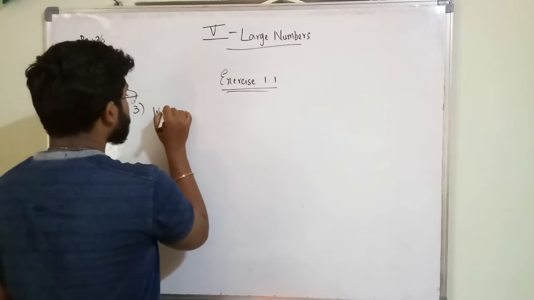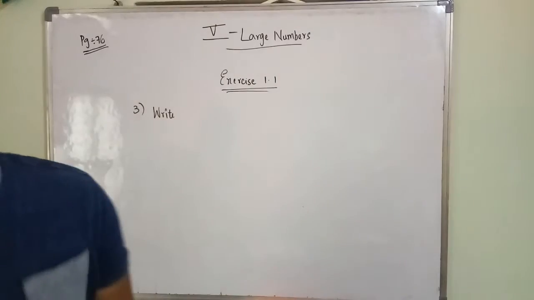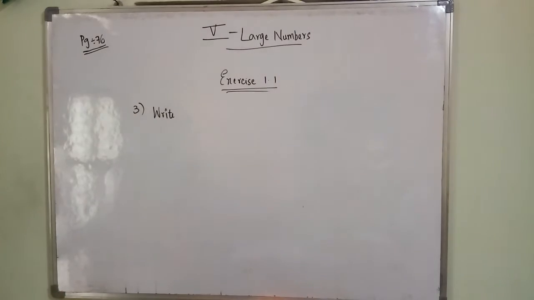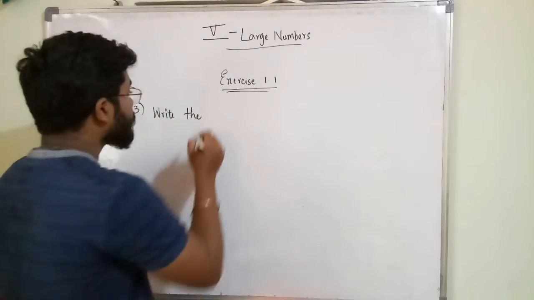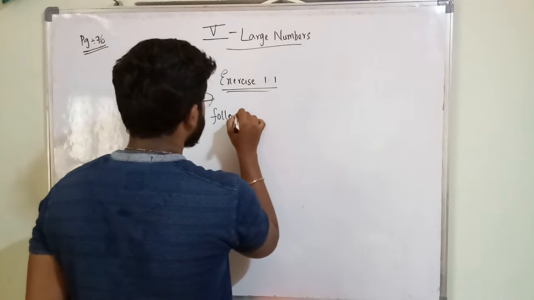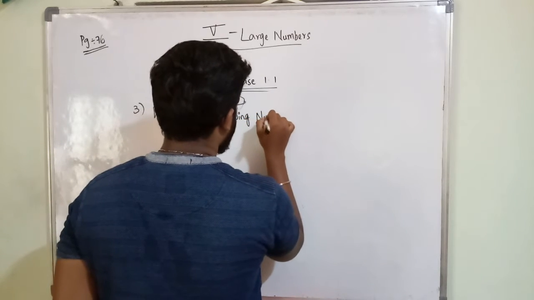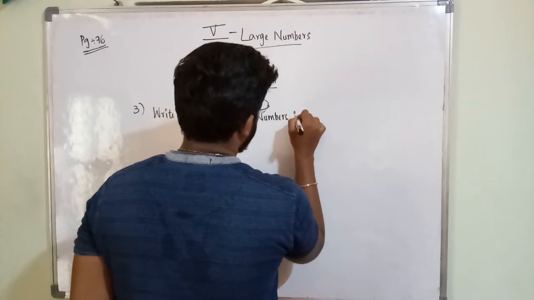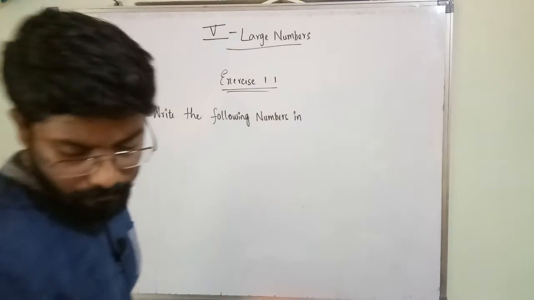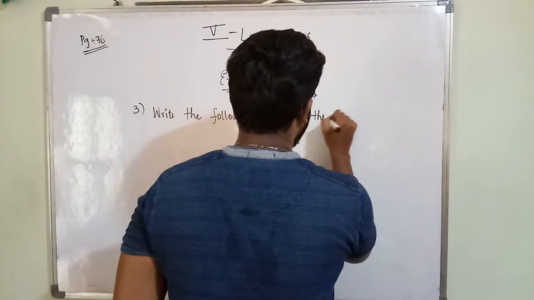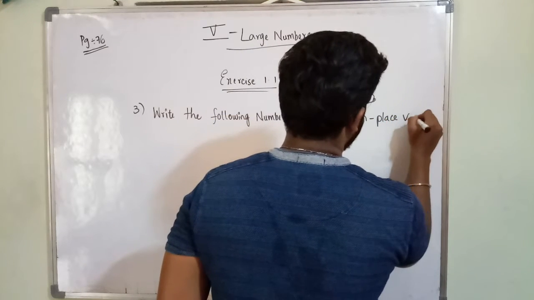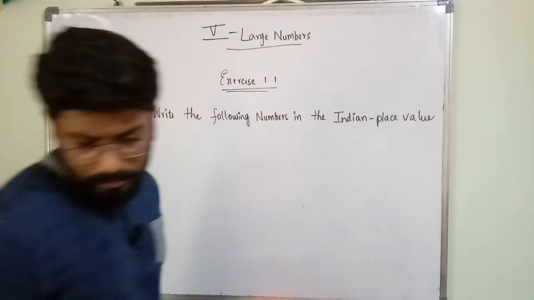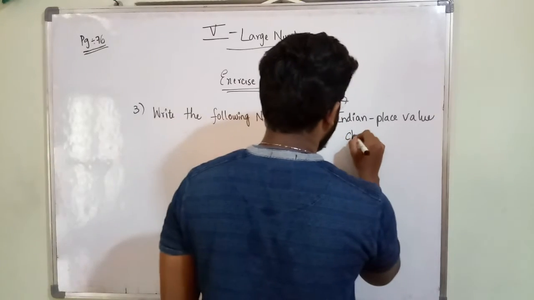Write the following numbers in the Indian place value chart given below.